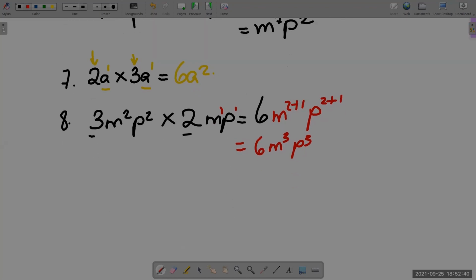So let's keep it moving. Let's look at this now. Number 9. 10q to the 3rd power, s to the 5th power, divided by, this is a trick question, eh? I tell you, pay attention. 2q to the 3rd power, s to the 2nd power.